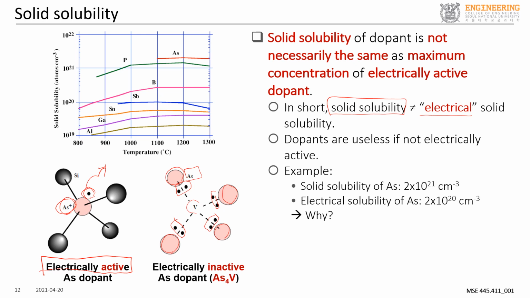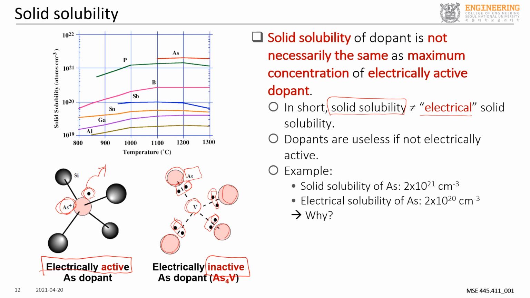Since it's not bonding with silicon, because there's no silicon in this vacancy, they don't need to release this electron. So in this case they are inactive. There's no reason to dope like this, because the purpose of doping is to create free carriers, but they are not contributing any free carriers.